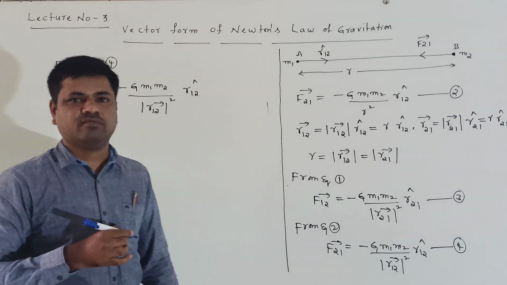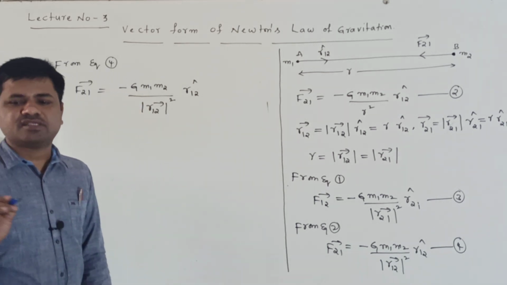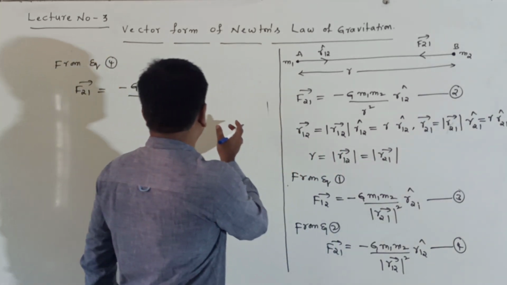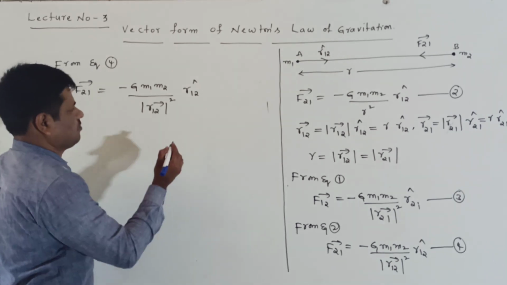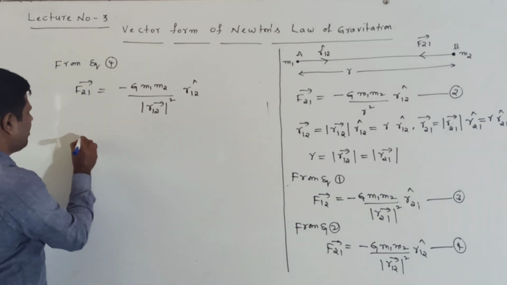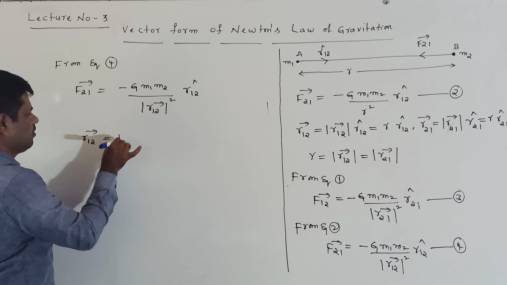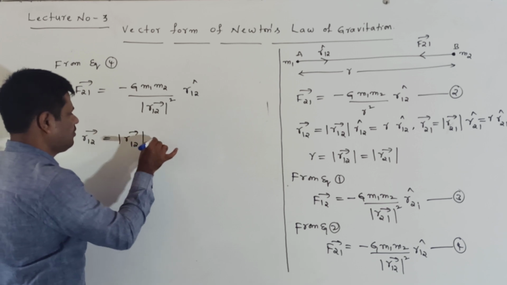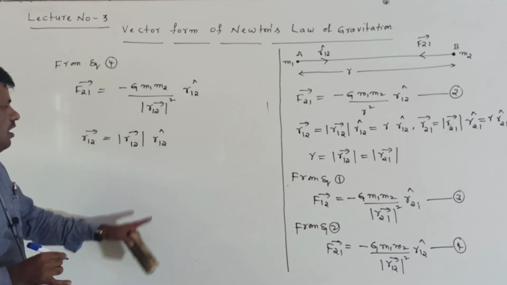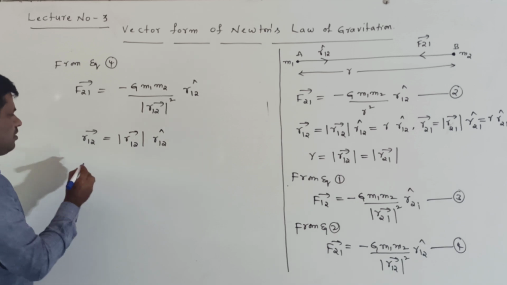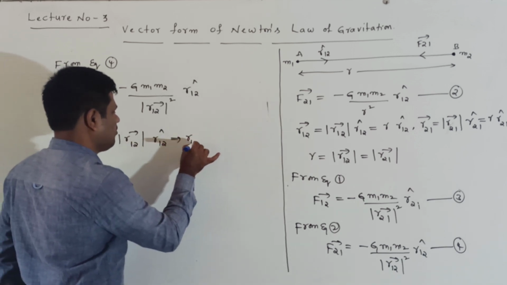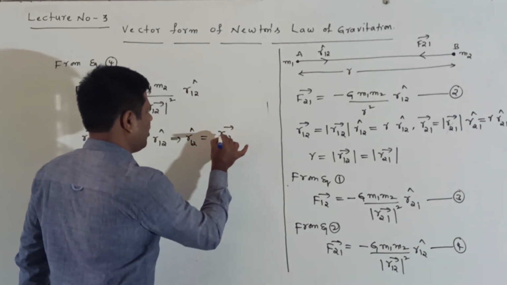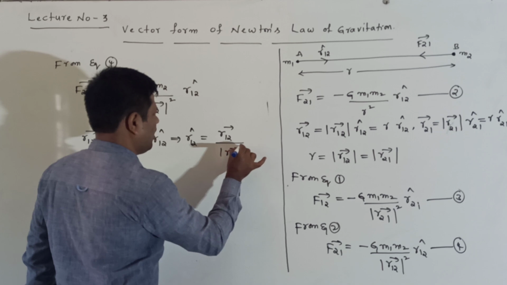Listen very carefully. We know that r12 bar is equal to mod r12 bar into r12 cap. I want to find r12 cap, so it can be written as r12 cap is equal to r12 bar by mod r12 bar.